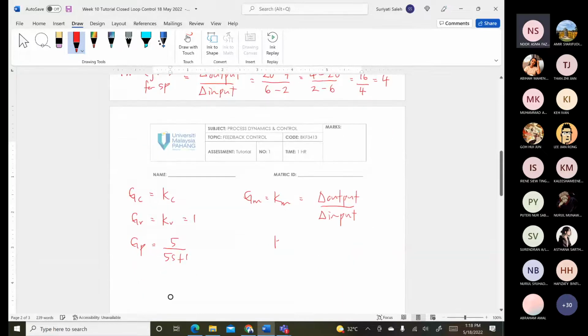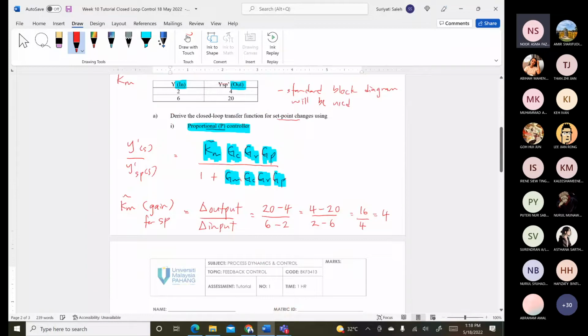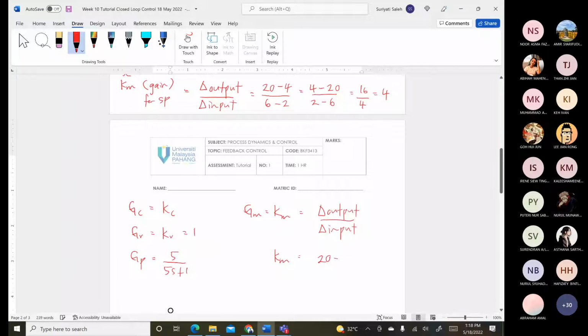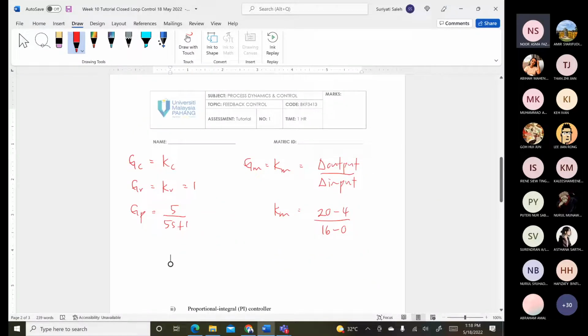The KM equal to your output, 20 minus 4, divided by 16 minus 0. Or if you put it like this, 4 minus 20 over 0 minus 16 is also acceptable because it will give you a similar answer. This one you have 1, this one is also 1. So in this case your KM is equal to 1.